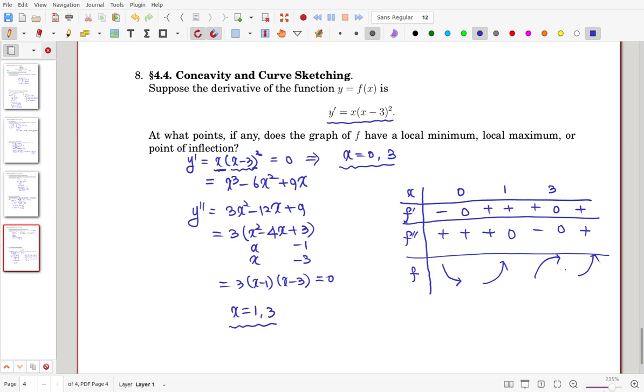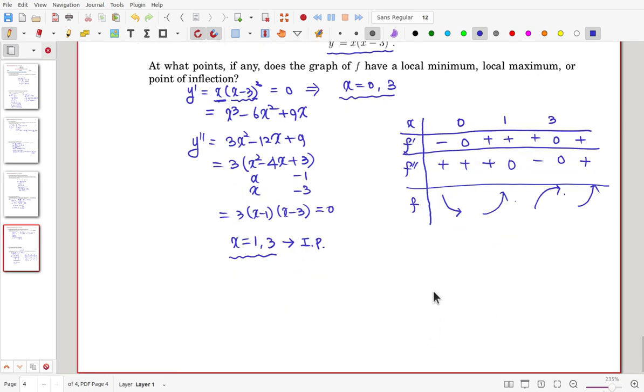Okay. Now, at 1 and 3 concavity changes, so at 1 and 3 we have a point of inflection. Here it is going down and then up, so roughly you can imagine it in this way. Here it is going down, but up here, and now concave down, again up, concave up in this way.